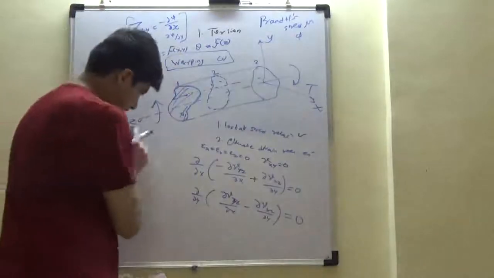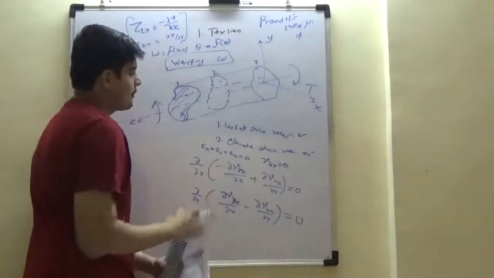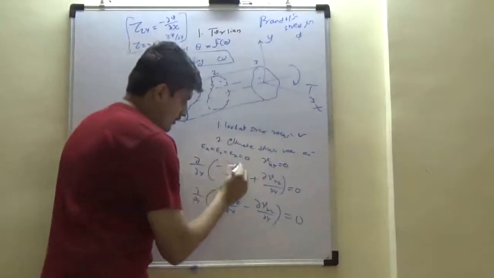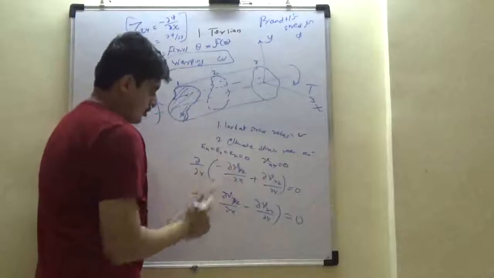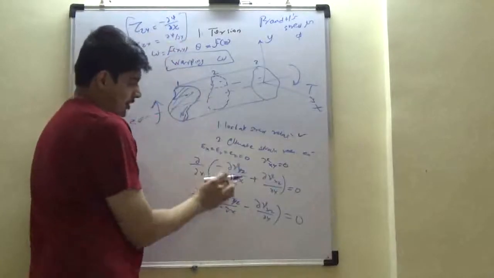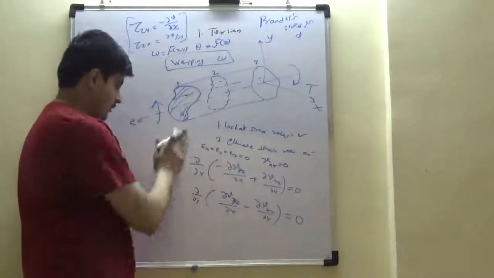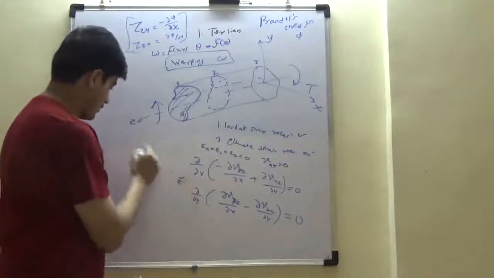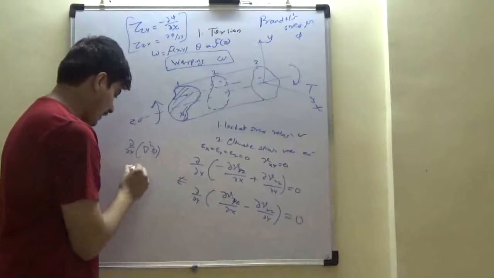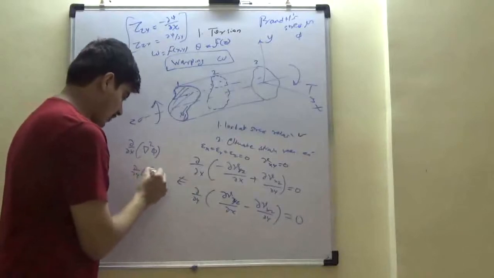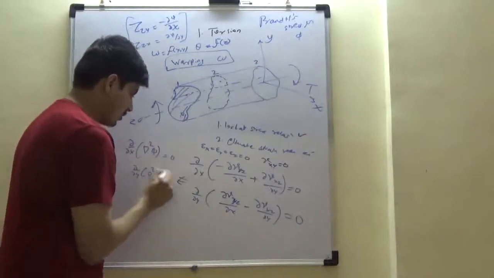So if I use these relations, I can simply substitute these gammas as same as tau. So if it is yz, it is del phi by del x. So del square phi by del x square positive, del square phi by del y square, which means these equations become del by del x of del square phi and del by del y of del square phi is equal to 0.